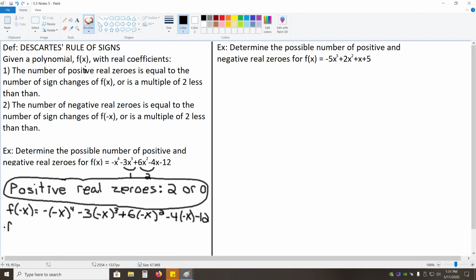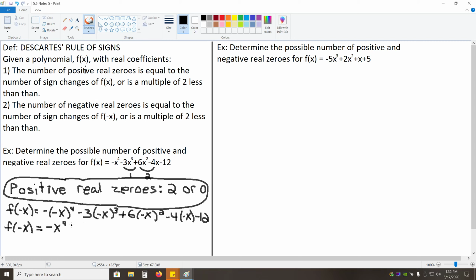Simplifying this, we get f of negative x is equal to negative times negative x to the 4th. There are 5 negatives total here. An odd number of negatives means it's going to be negative. So we have negative x to the 4th. Here there is a negative and then 3 more negatives.